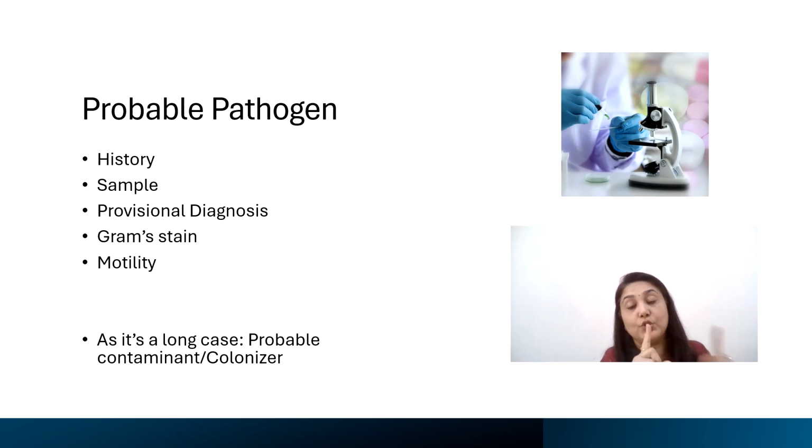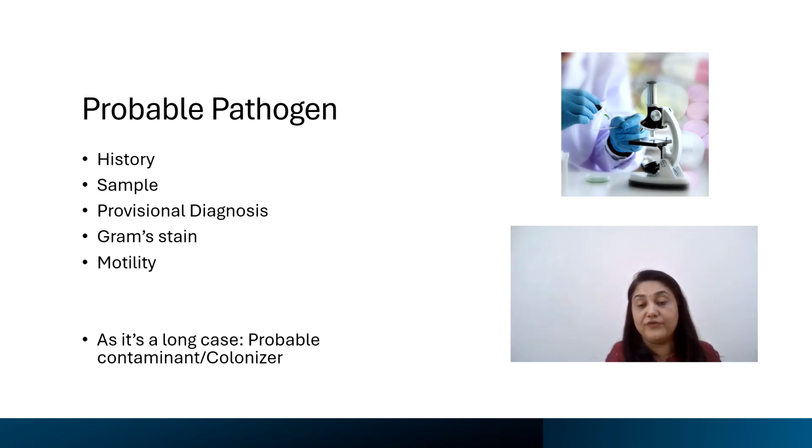So you should know which one is the pathogen and which one is either a contaminant or colonizer. Like in a case of Vibrio, E. coli will be a colonizer and Vibrio cholerae will be the pathogen. In case of enteric fever, most probably the Salmonella group of organisms will be the pathogen, and if the sample is blood culture, then generally the CONS will be given as a contaminant of the skin.